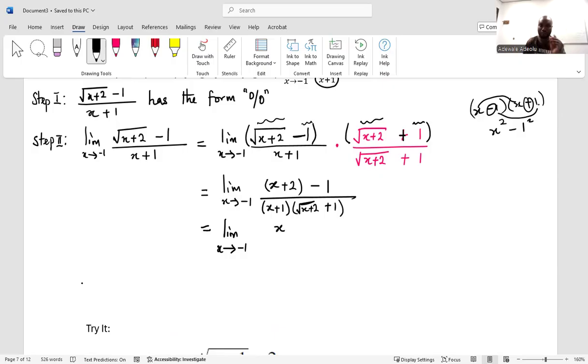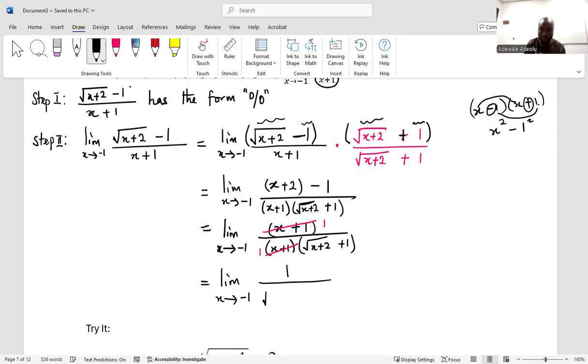So that is x plus 2 minus 1, that is x plus 1, divided by x plus 1 times square root of x plus 2 plus 1. Now, look at what we have. There is x plus 1 in the numerator and x plus 1 in the denominator. I cancel them. So I have the limit, which I still need to write, of 1 over square root of x plus 2 plus 1.